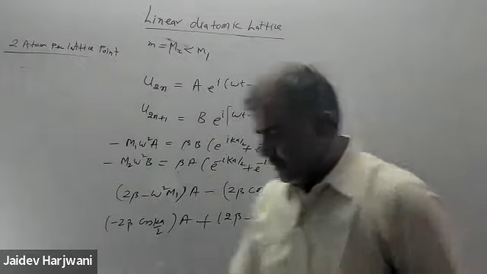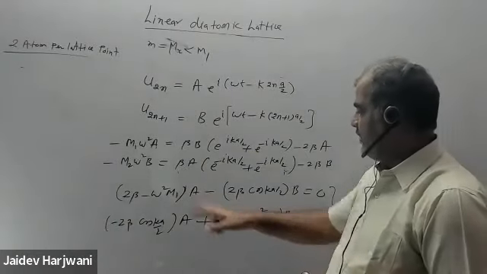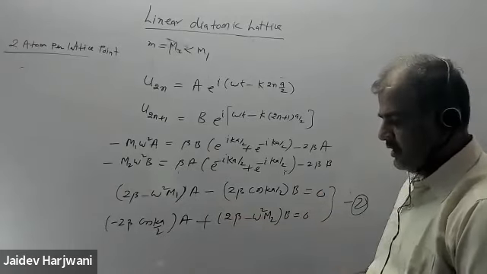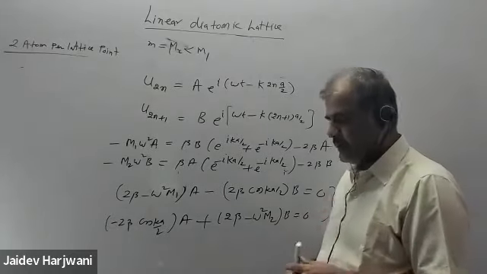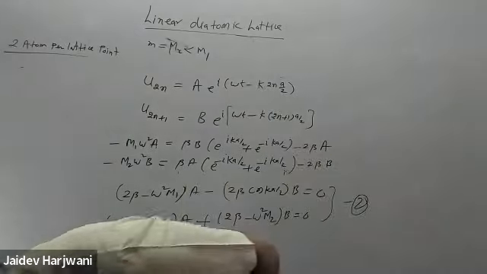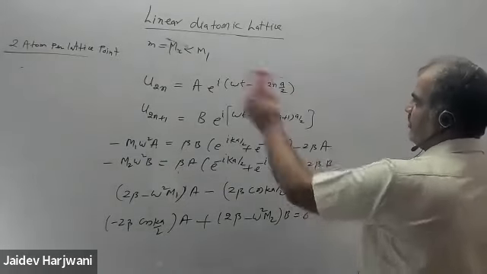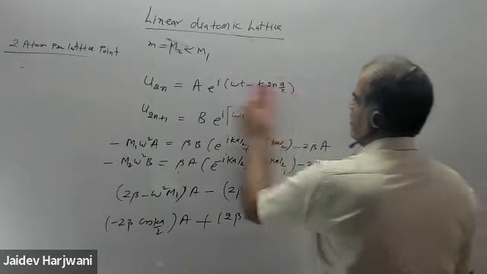Now these are linear equation, okay, in a and b. So we need to solve this equation and we have to calculate the dispersion relation. So इसको रब कर दूं क्या ऊपर वाले को? Yes, sir. Yes, sir.